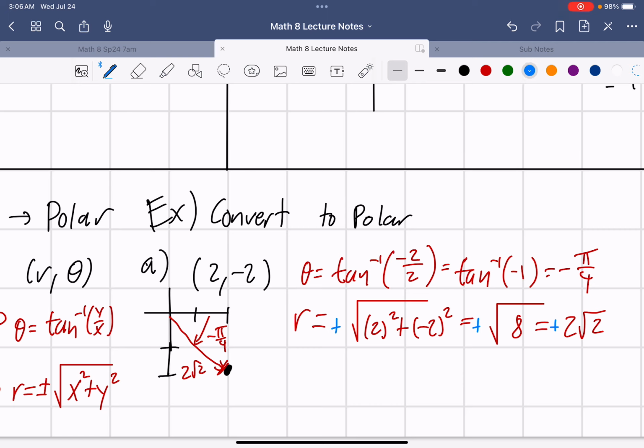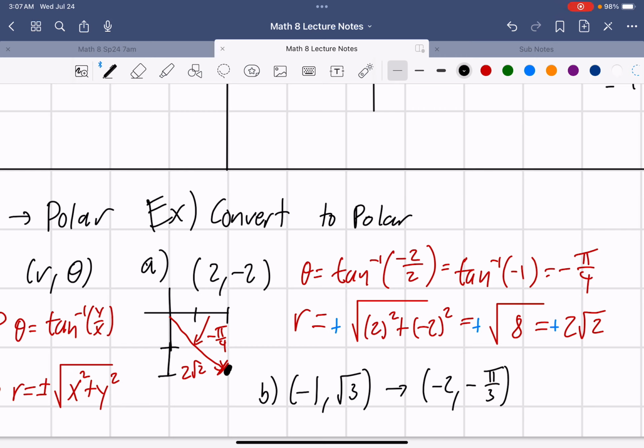And you can try an example of that. I'll squeeze it in here. Negative 1 and square root of 3. I'll give you the answer and you guys try to find it. It's going to be negative 2 and negative pi over 3.